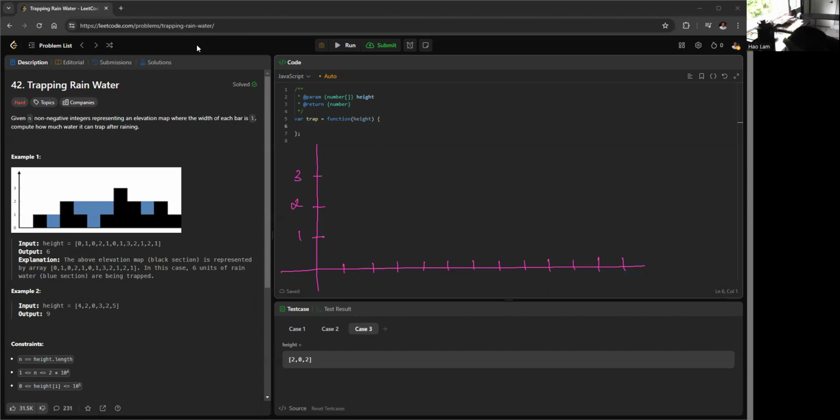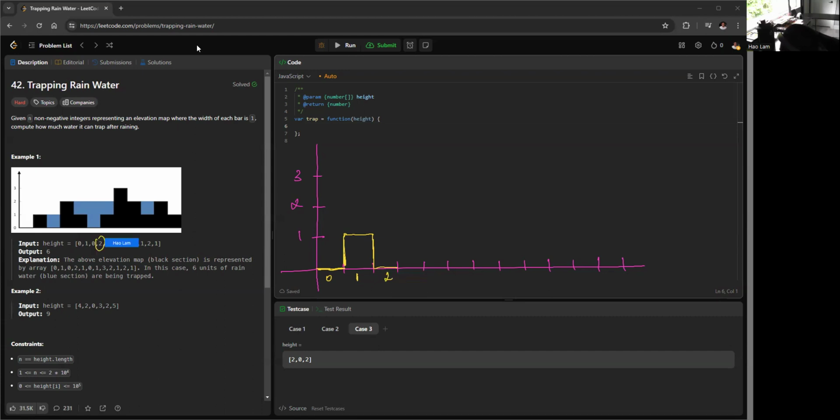So the first one is 0, right? At index 0, the elevation, the height is 0. The next one is 1, so we're up here, index 1. And then the next one is 0, so we go back to 0, index 2.